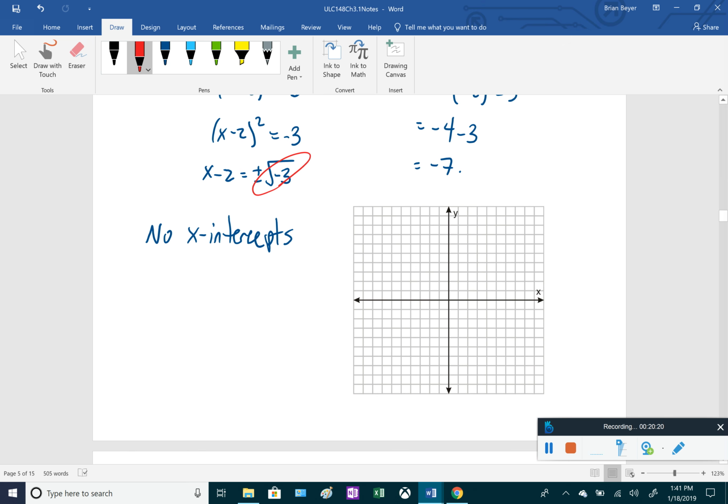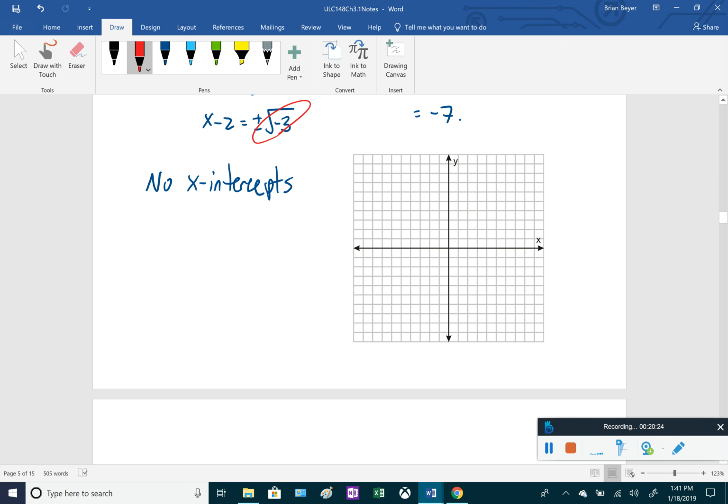We found that the vertex was 2, negative 3. So right over here. The y-intercept was negative 7. No x-intercept, and we know that this opens downwards. So we can fill in this point right here to help us.